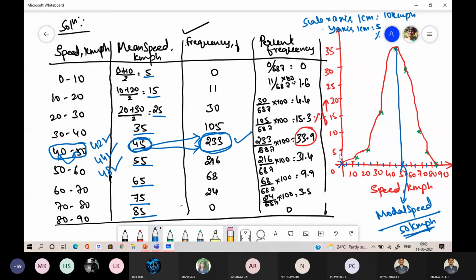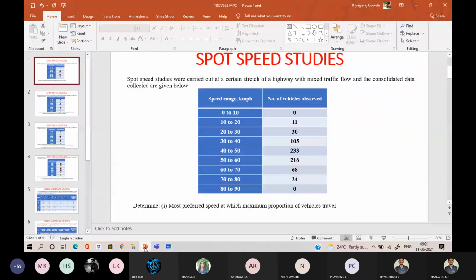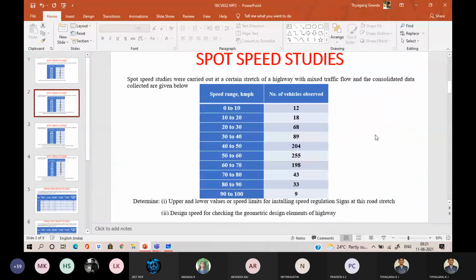Okay. Next, note down the next problem. So kindly make it fast. So this is a slightly different problem. So kindly note down.